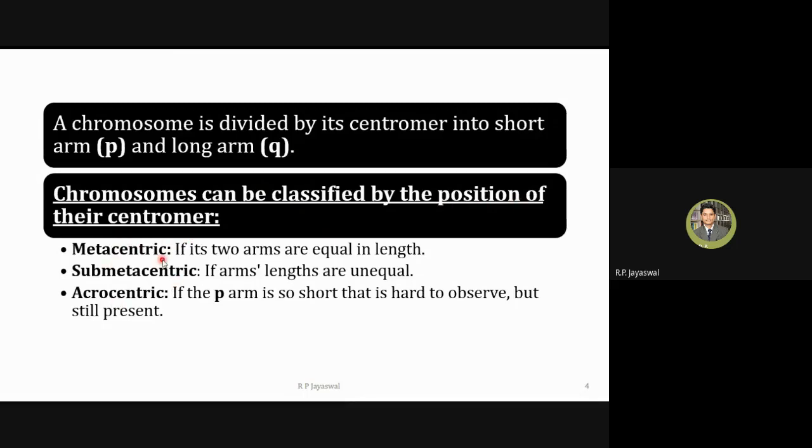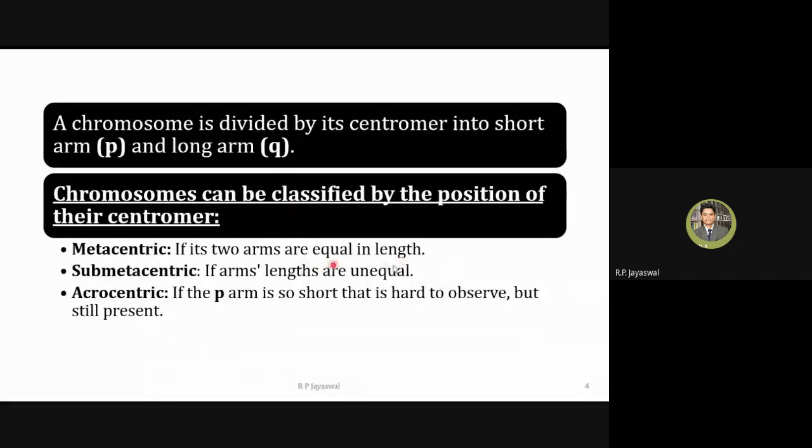We are just recalling it: metacentric, submetacentric, acrocentric, and there is a telocentric as well. Okay, metacentric: if its two arms are equal, where P and Q are equal. Submetacentric: if the arm lengths are unequal, so the P arm becomes shorter and the long Q arm a little bit longer.